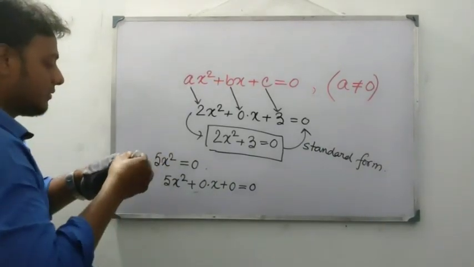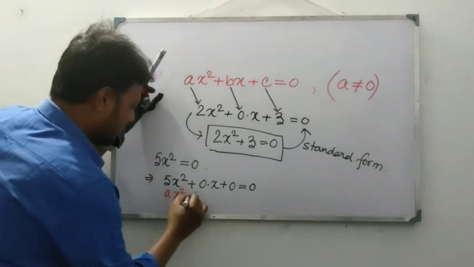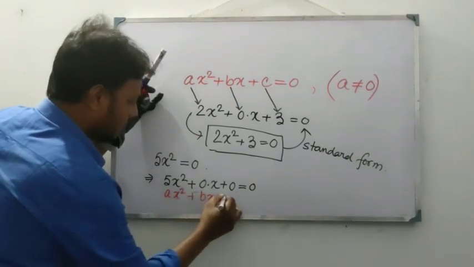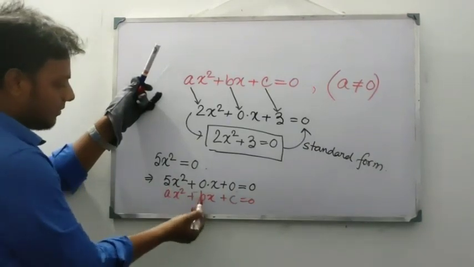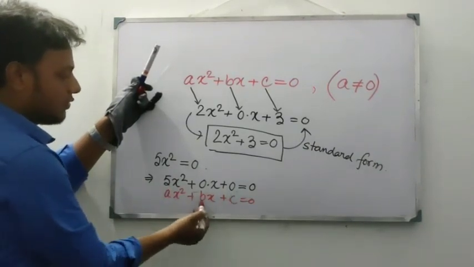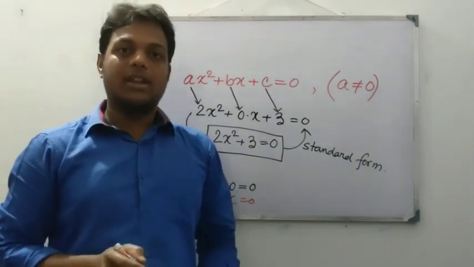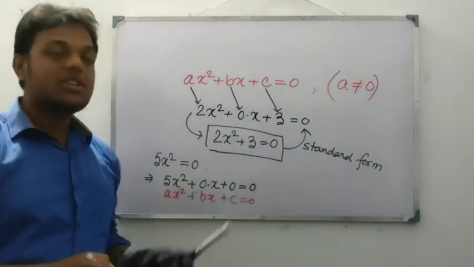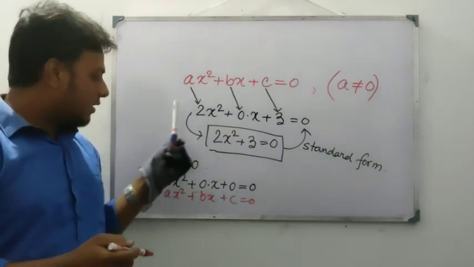What is the value of a, b, c here? a is 5, b is 0, c is 0. So b can be 0 and c can be 0, but you have to keep in your mind that a must not be equal to 0. Is it clear? This is the concept.